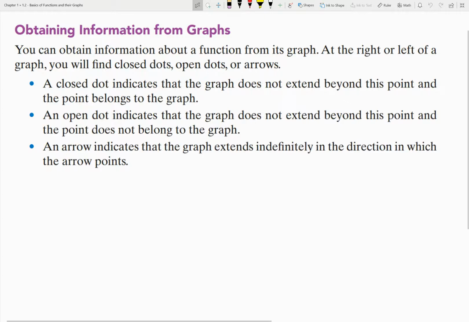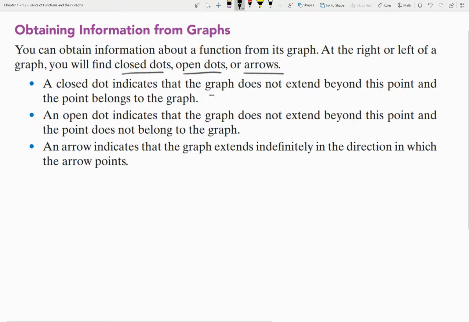Okay, so what else? What other information can we get from a graph? We can obtain information about a function from its graph. At the right or left of a graph, we're going to find either closed dots, open dots, or arrows. A closed dot indicates that the graph does not extend beyond this point and the point belongs to the graph.